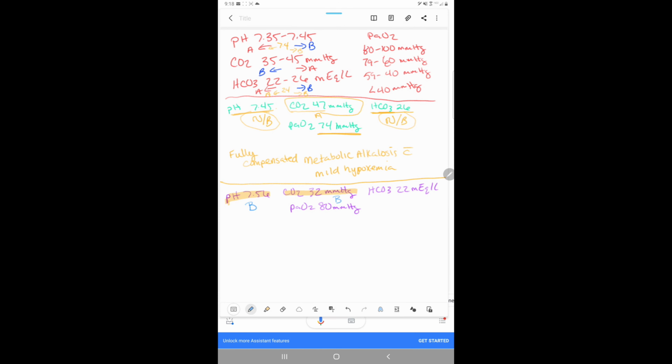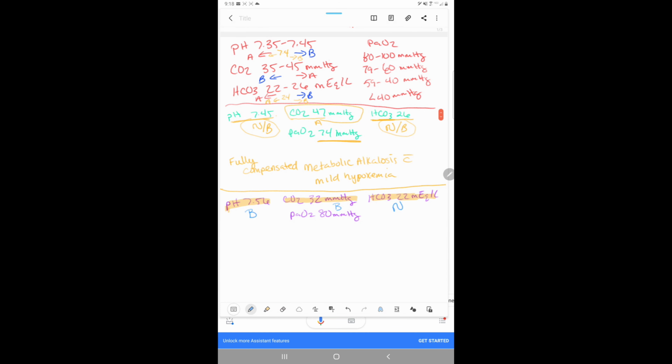It's out of range. Then you're going to look at your HCO3, it's 22. And 22, that is normal. That's within the normal range. So I'm going to put an N right there. Okay, and then now you can kind of look at your PaO2, 80. What range does that fall into? It's normal.